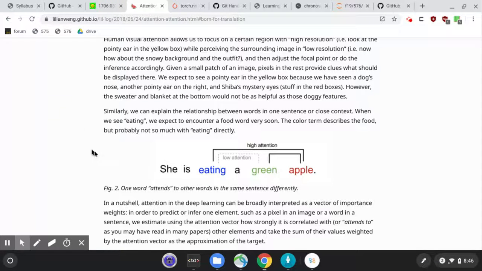What I mean is that if you drop this word, the blue thing here, and you have the rest of the sentence, to predict this word, the most important word is probably the apple. It's not the word green. So this word is attending to the apple part of the sentence rather than the other words in the sentence. Attending just means focusing on some things of the input rather than everything in the input.